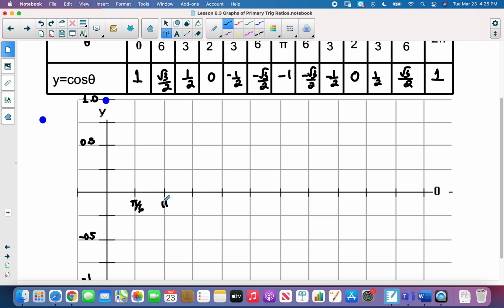This is pi over 3, pi over 2, 2 pi over 3, 5 pi over 6, pi, 7 pi over 6, 4 pi over 3, 3 pi over 2, 5 pi over 3, 11 pi over 6, and 2 pi.